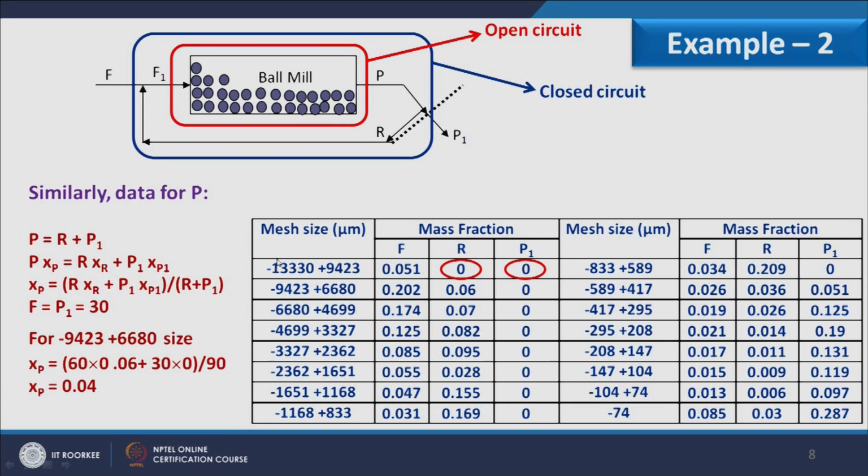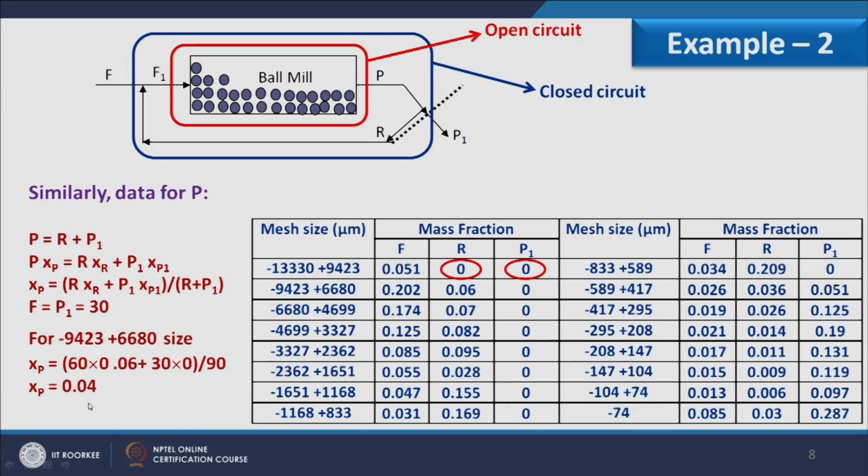Now, if I consider this particular size, here both R and P1 are 0. So, no value we can obtain for P also. Further, if I consider the second size, that is minus 9.423 plus 6.680, for this we can calculate 60 into 0.06 plus 30 into 0 divided by 90.